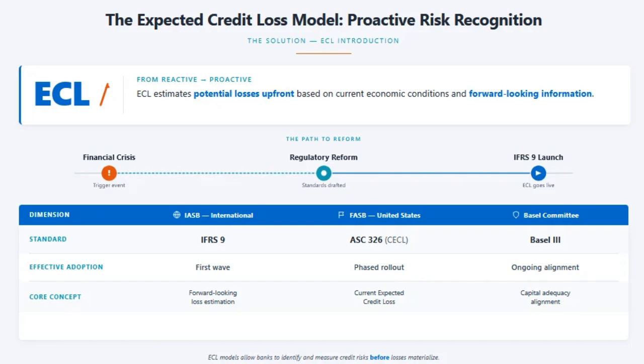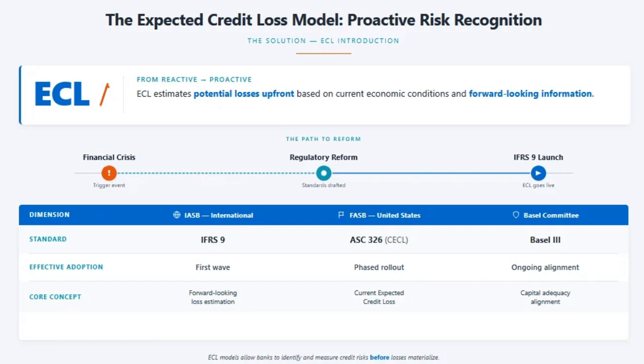In response, the International Accounting Standards Board, or IASB, introduced IFRS 9 in 2018. In the United States, they developed ASC 326, which is essentially their version of the same concept, calling it CECL, Current Expected Credit Loss. And regulatory capital frameworks like Basel III started aligning with these accounting standards.